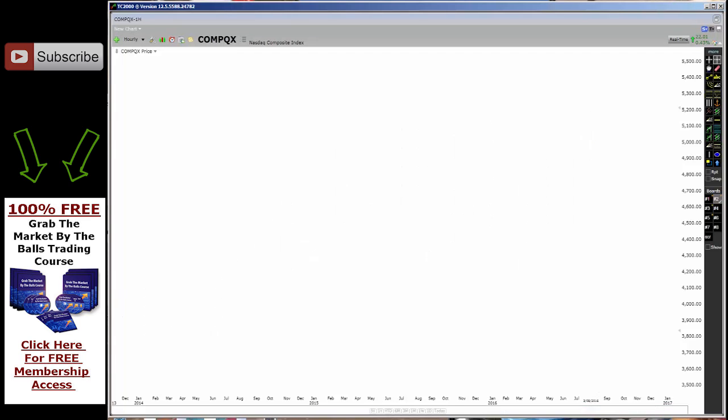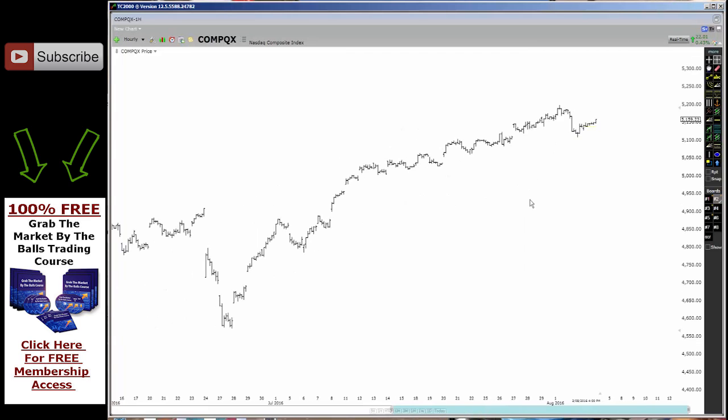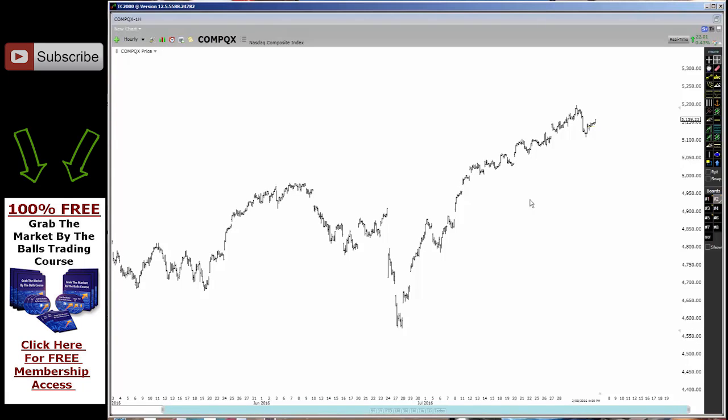And the hourly chart, once again, like the S&P and most of the indexes right now, we're seeing something very, very similar. We had this big run up, and now we're forming a potential bear flag, and now it's rallying up into this area of resistance, which had been support all the way up.